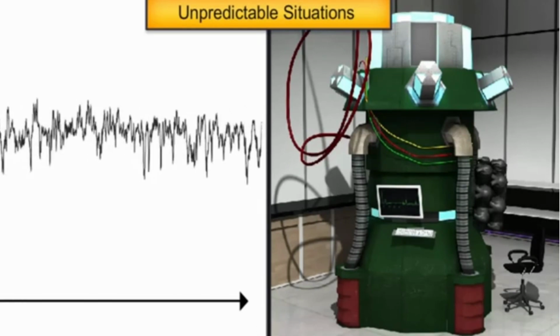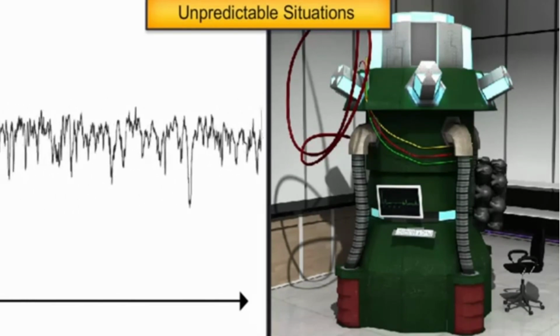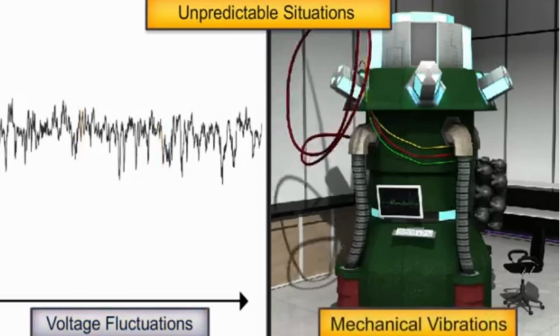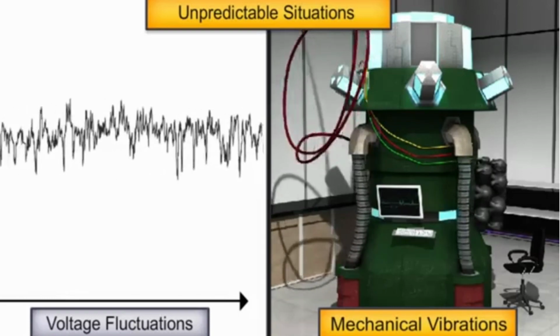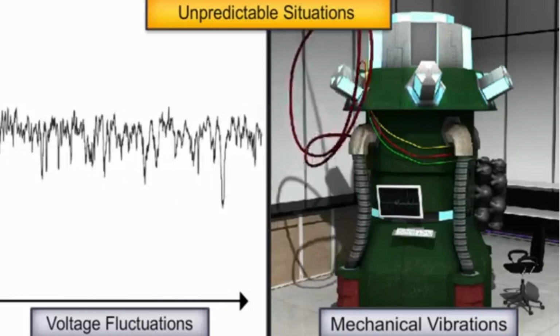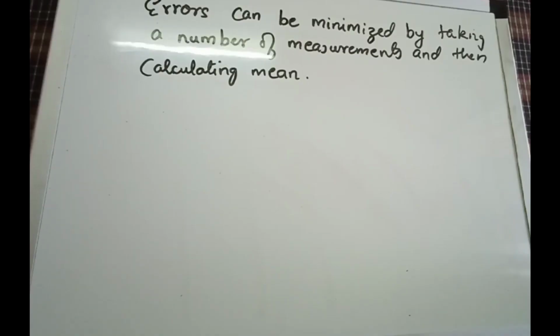If you are doing an Ohm's law or any electrical experiment, and suddenly the main supply changes, or the temperature or atmospheric pressure changes, or there are mechanical vibrations in your instrument, or in a pendulum experiment there is a wind coming, all these situations can cause random errors.